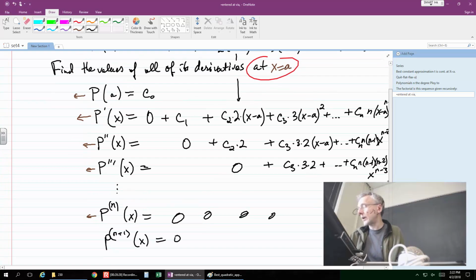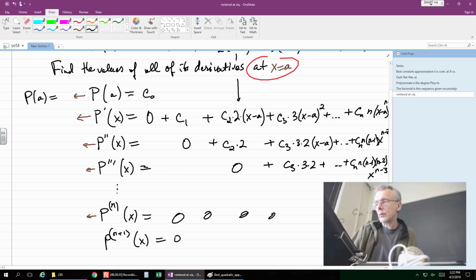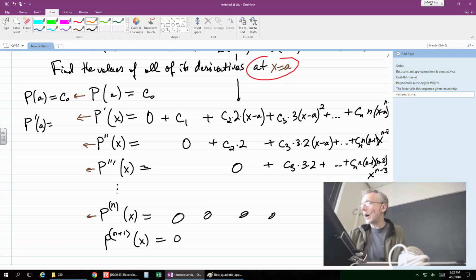So we don't care about what's happening beyond the nth derivative. So this is P of a, once again, equal to C naught. P prime of a, look at it. Wherever x minus a is present, it will disappear when we plug in x equal a. So we're left with C1.